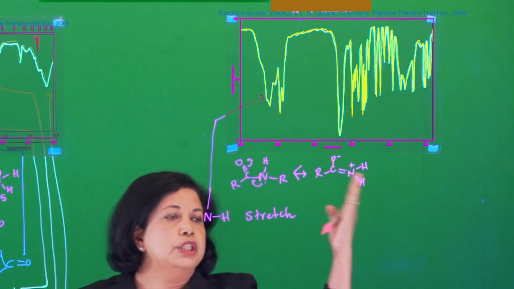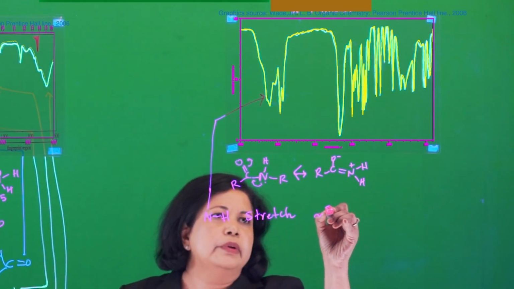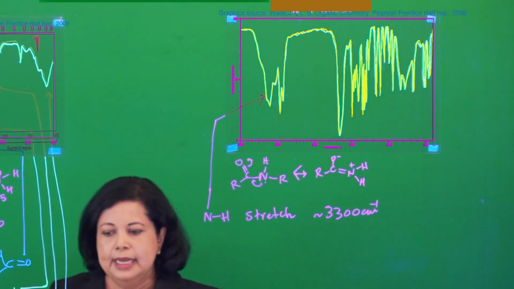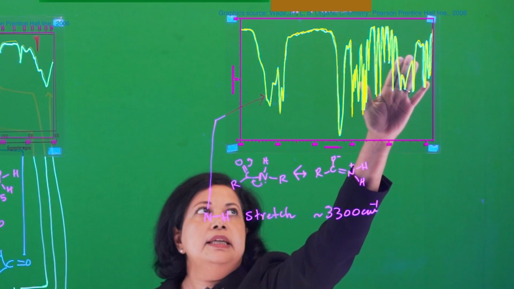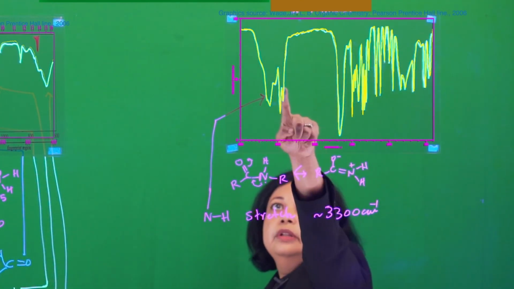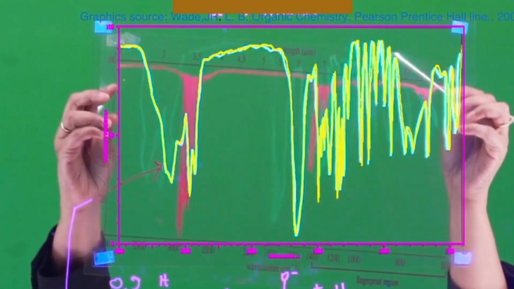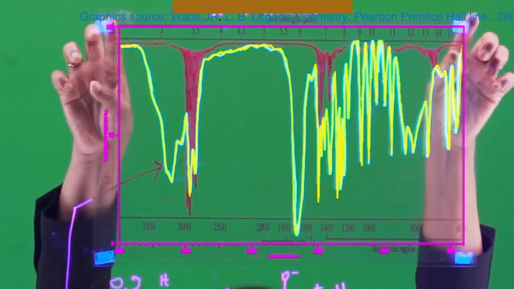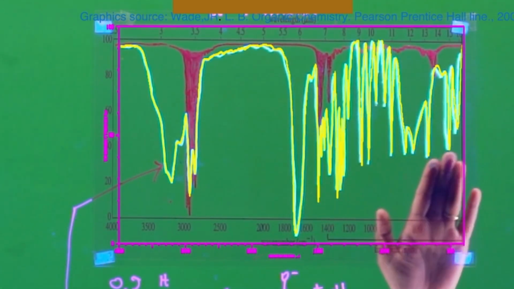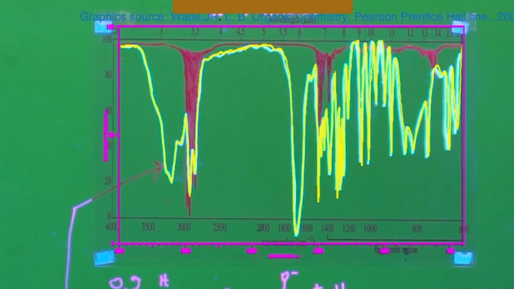So the NH stretch is going to be around about in the region 3300 centimeter minus 1. The rest of the spectra, I mean, this does look like it has a lot of peaks, and over here, this is probably due to an alkane. So you can see we can take that out, filter this out, then we can see the rest is pretty much NH bends and so on.